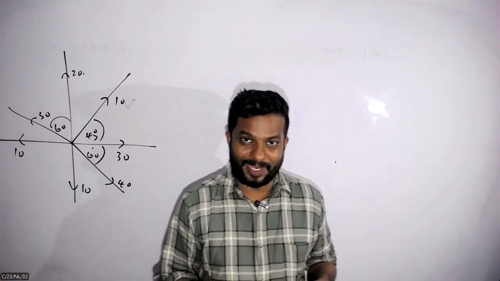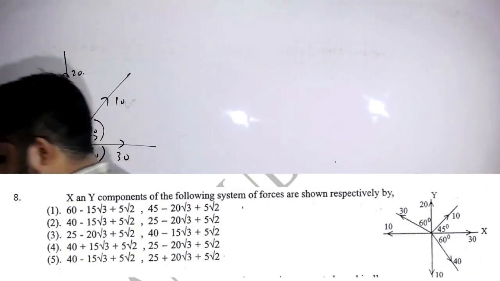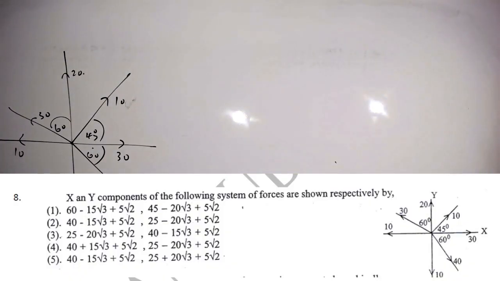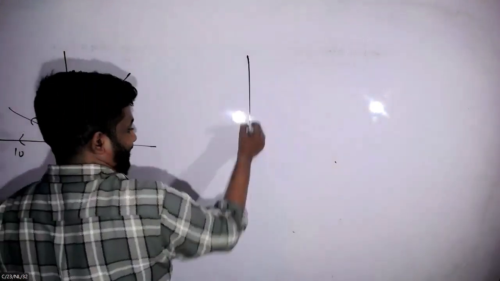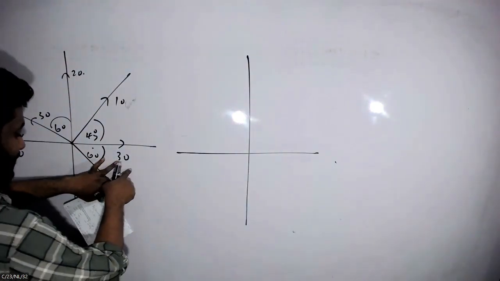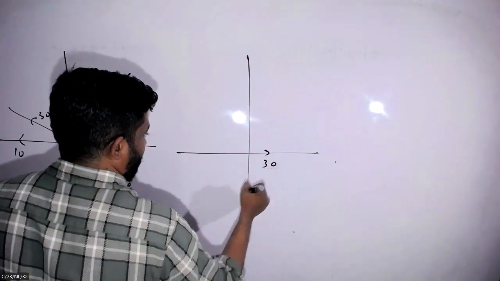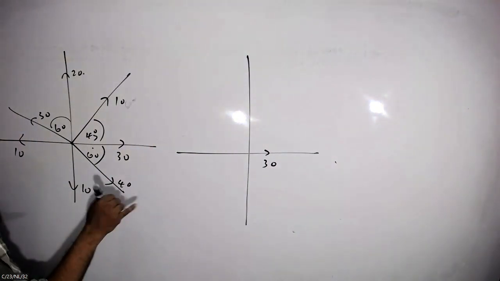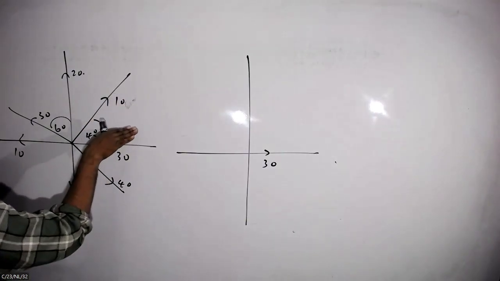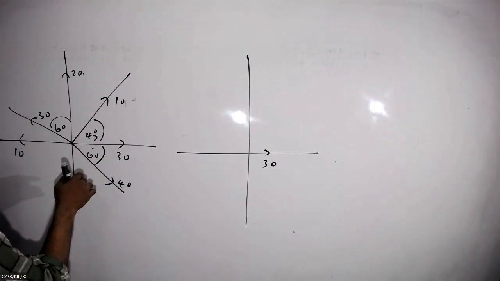Right, let's see question number 8. You need to consider the components, the X and Y components. No need to consider the components of this 30 Newton force acting in the horizontal direction. Then you need to consider the horizontal and vertical components of this 10 Newton force.